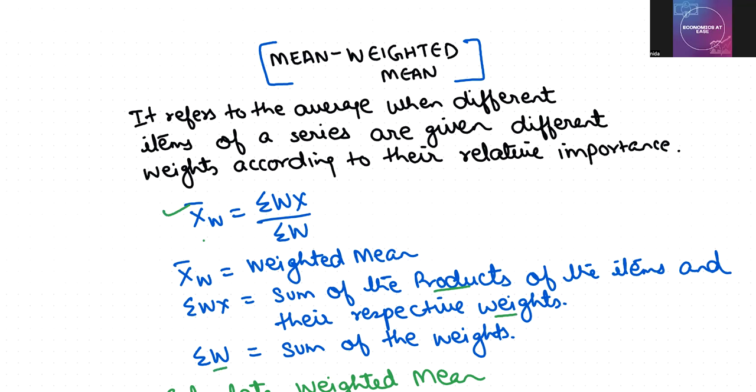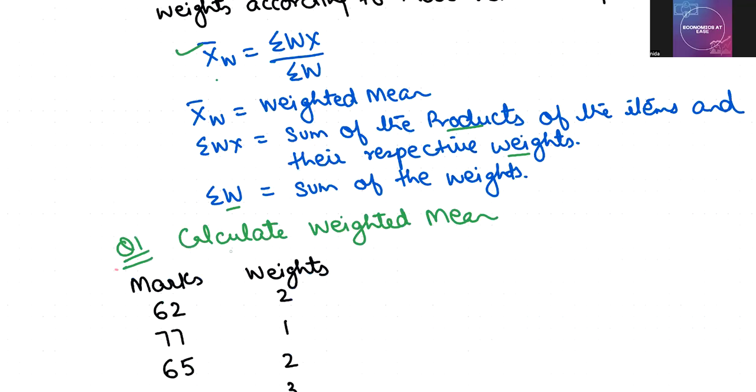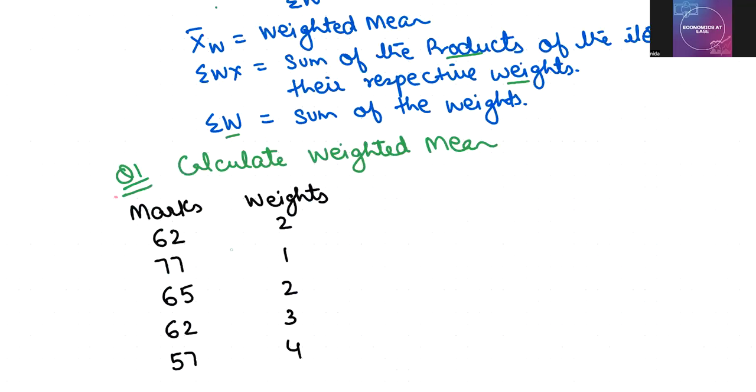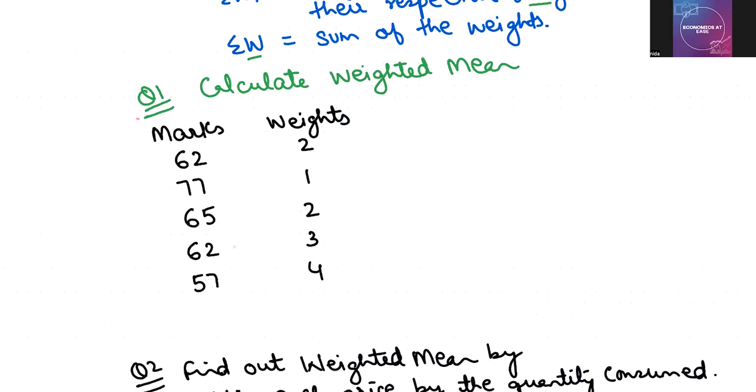So let's start with the help of an example. It would be more clear to you. Now here it states calculate weighted mean. Marks are given and weights are given. So first we know the formula. The formula is weighted mean, and w will be small.